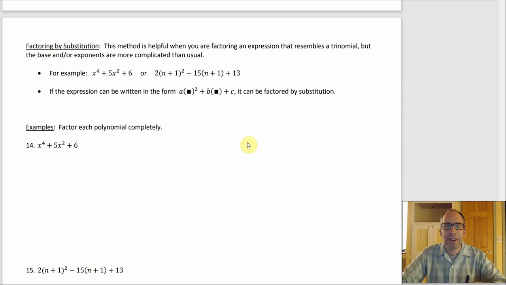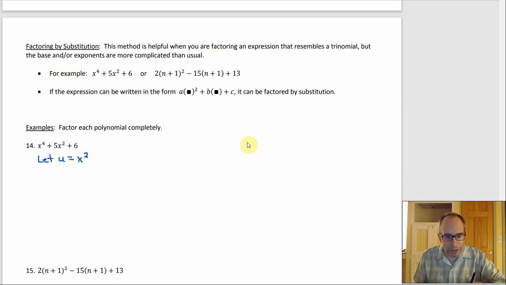All right, well, here, this almost looks right, but what you want to do is let u, you just need some kind of placeholder. The common one to use is u for whatever reason, but we'll just say, what if u is x squared?